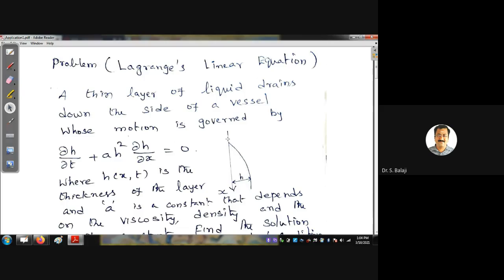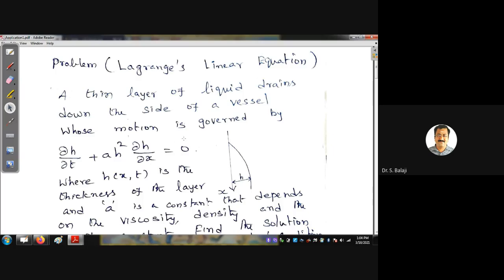At what distance it drains down, that distance is x. And in different time durations, it reaches different distances. That is also very important. Therefore, whose motion is governed by the equation dou h by dou t plus a h square dou h by dou x equal to 0. This is already a derived equation, but you have to remember this equation.